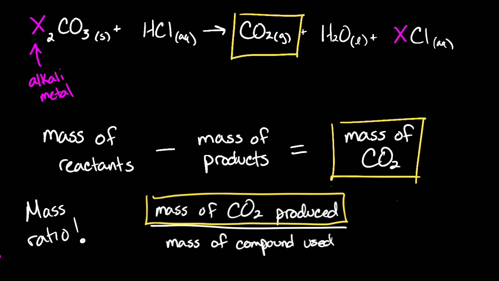And we're going to do a ratio of that to the mass of the compound used in that trial. And so the idea there is that since mass is conserved in a chemical reaction, the ratio between the carbon dioxide produced will stay the same as the ratio to the carbonate in the original compound before it reacted.